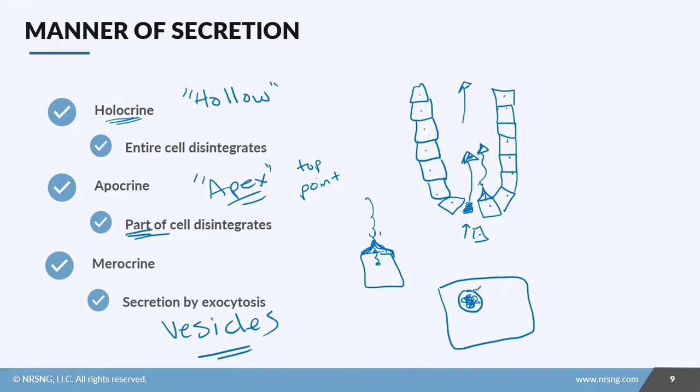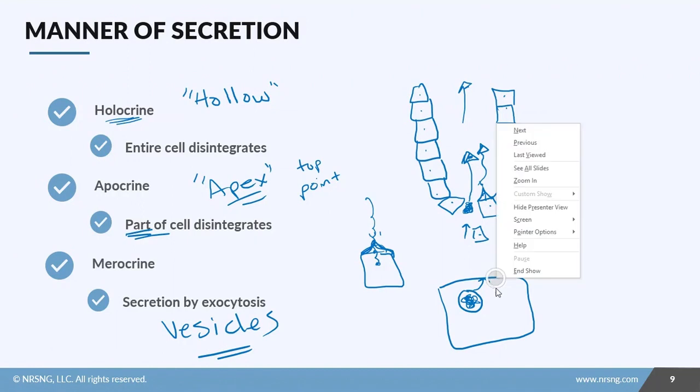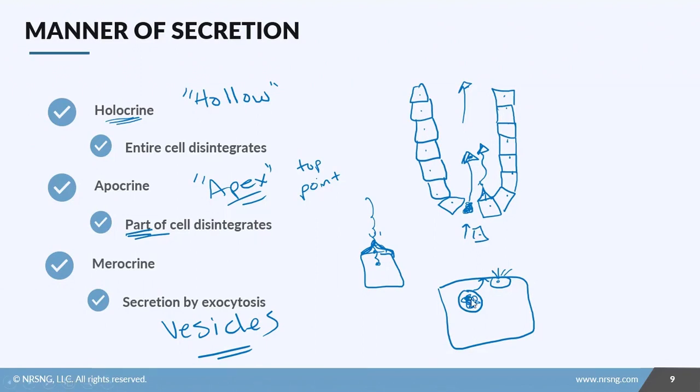And that little vesicle will move up to the cell membrane, and it'll kind of join with it and then release the product that way. But the cell membrane itself is not damaged or destroyed at all. There's no disintegration at all. It just joins with it, secretes that secretory product, and the cell stays intact. And then there might be another vesicle down here that's still busy building its secretory product and just hasn't released yet.